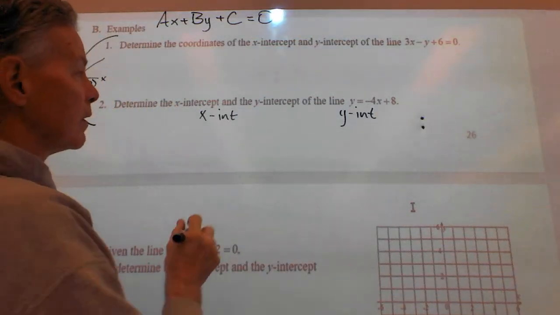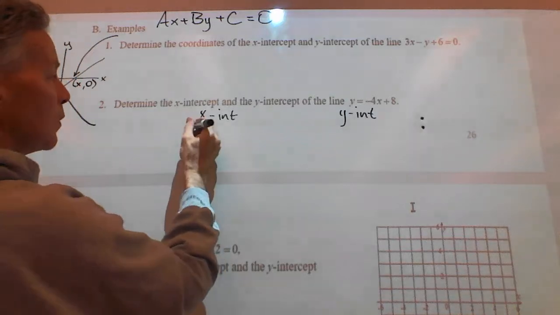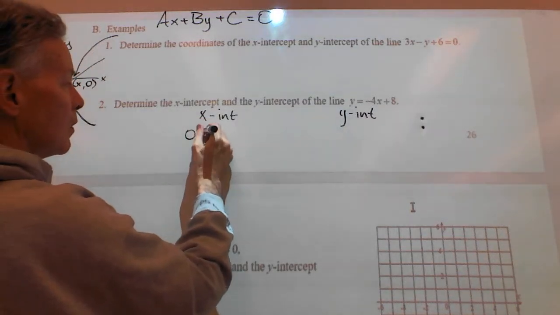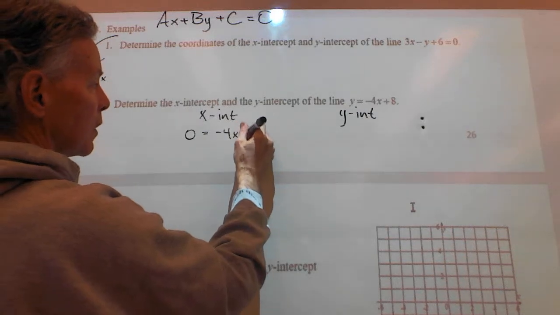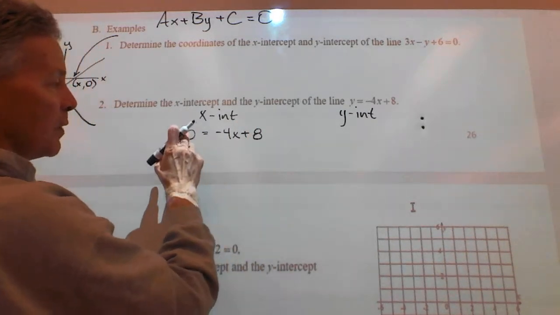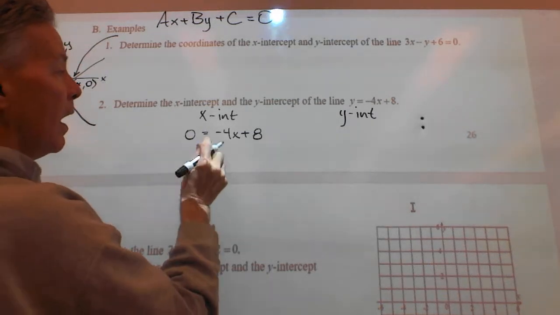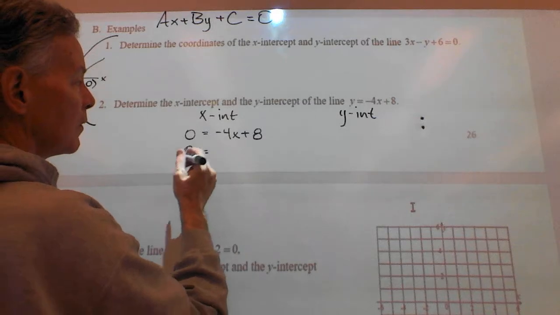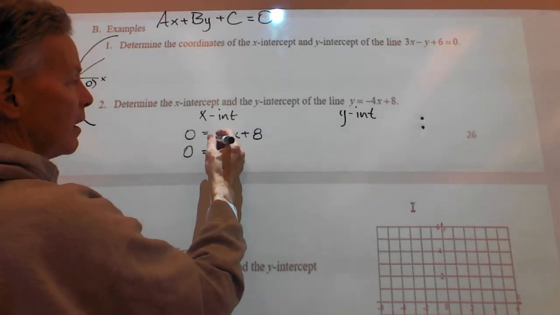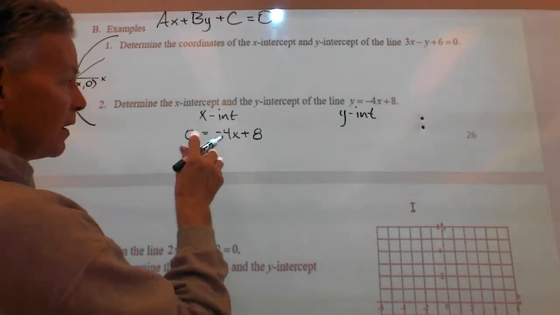your y-coordinate. So your equation, y equals negative 4x plus 8, will become 0 equals negative 4x plus 8. I've simply substituted a value of 0 for y, and then simplify the right side. 0 equals negative 4x plus 8, it's already as simplified as it can be.